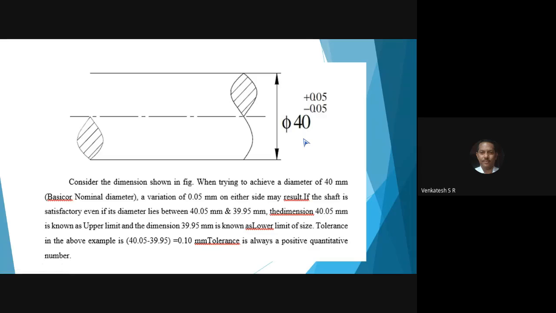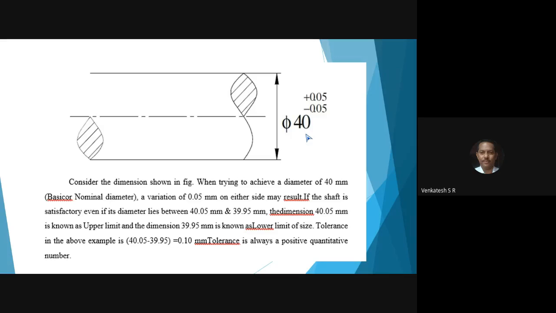Draw a rough sketch of a shaft, and write down 40 millimeter, with superscript plus 0.05 and subscript minus 0.05.